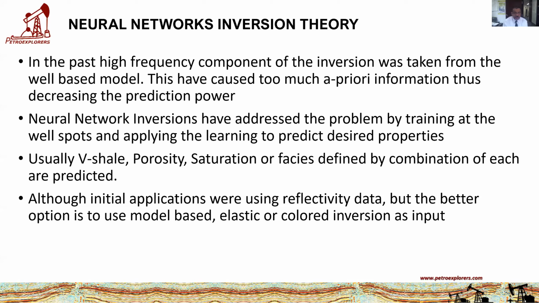So wells have high frequency and inversion has lower frequency, but it matches to come up with the inversion. But for the input, either you go with the reflectivity data only directly, like the old way of doing neural network inversion, or you work with the color inversion or elastic and other model-based inversions to work together.